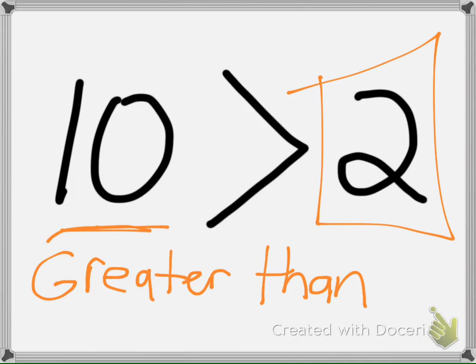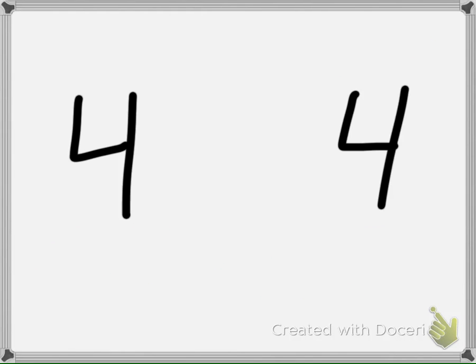Now, what do you think happens, though, if I have numbers like this? Uh-oh. Which number is bigger here? Take a second and think about that. So hopefully you had a chance to think about that for a second. Now, I want to make something very clear to you. We're not talking about the bigger number as in the taller number. We're talking about the number like this.